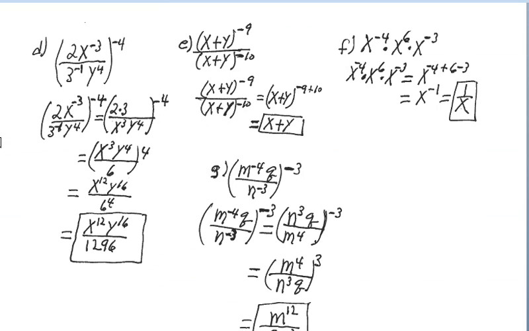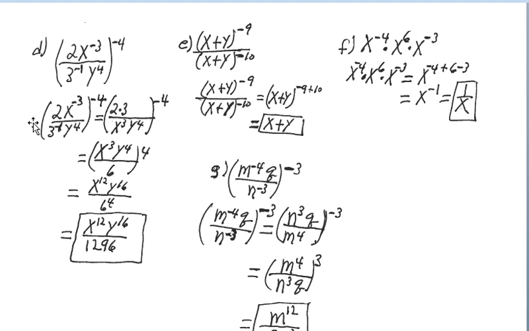D. 2x to the minus 3 power over 3 to the minus 1 power, y to the 4th, all raised to the minus 4 power. Once again, the shortest way is to rewrite the numerator so that we can bring the 3 to the minus 1 power to the numerator, so it becomes 3 to the first power, or 3.